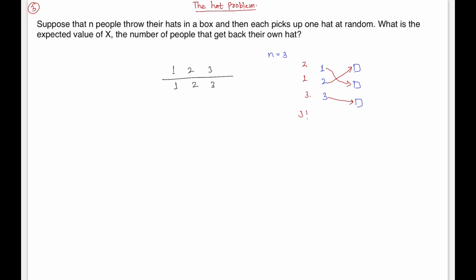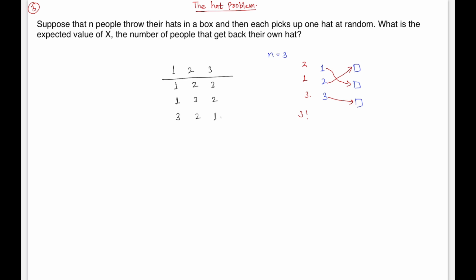And one possibility could also be that 1 gets his own hat, or 2 gets 3's hat and 3 gets 2's hat, right? And one possibility could be this one, that the first person gets the third person's hat, and the second one gets his own hat, and the third one gets the first one's. So like that we will have 6 possibilities, right?